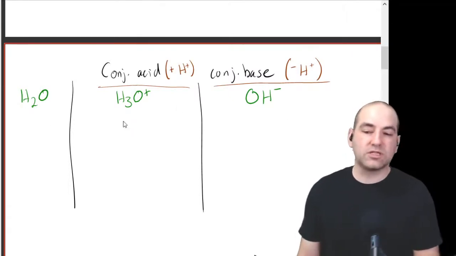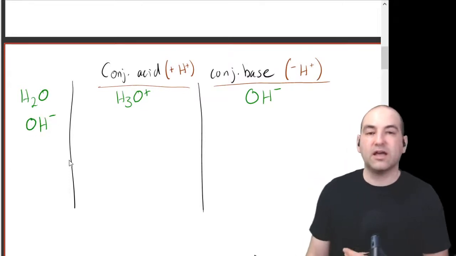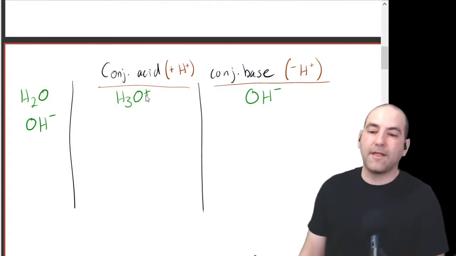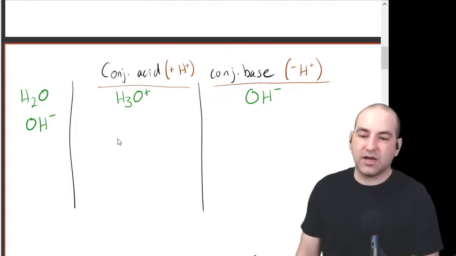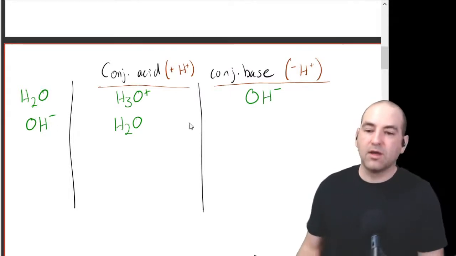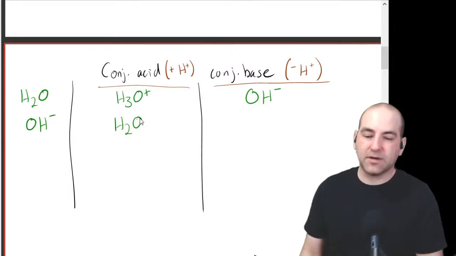We can also do this for a charged molecule. So we can look at, for example, hydroxide as our starting molecule, and we can say, what's the conjugate acid of hydroxide? Well, that means we're going to add H+. So if we add H to hydroxide, we get water. And because we're adding a plus to a species that's already -1, that's going to be a neutral molecule. So no charge there.